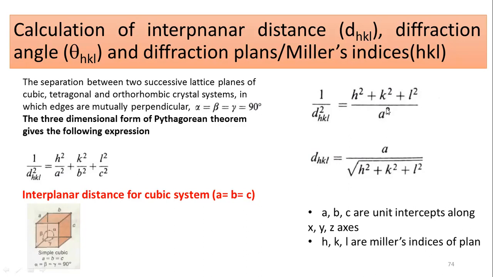When you take the square root, the a square under root cancels out and this becomes a over the square root of h square plus k square plus l square, which is the inverse of this equation. Here a, b, c are the intercepts along the XYZ axes, and HKL are the Miller indices.